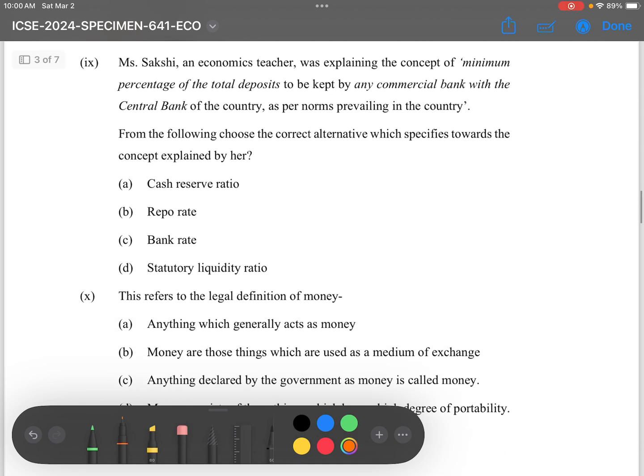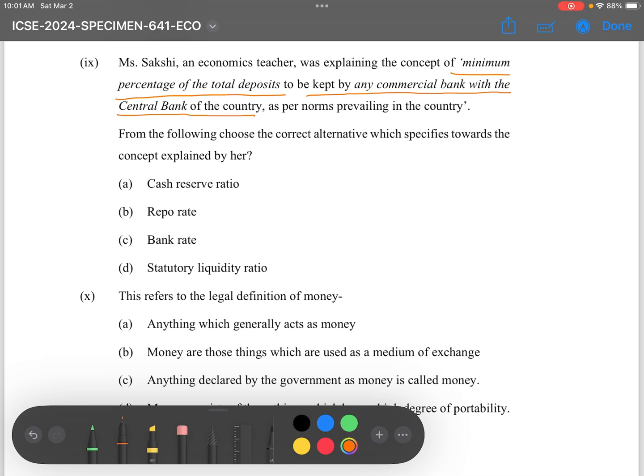Next question is, Miss Sakshi, an economics teacher, was explaining the concept of minimum percentage of the total deposits to be kept by any commercial bank with the central bank of the country as per norms prevailing in the country. Now, from the following, choose the correct alternative which specifies towards the concept explained by her.